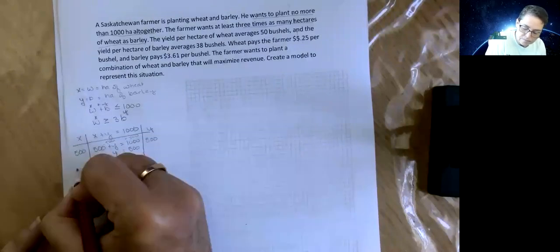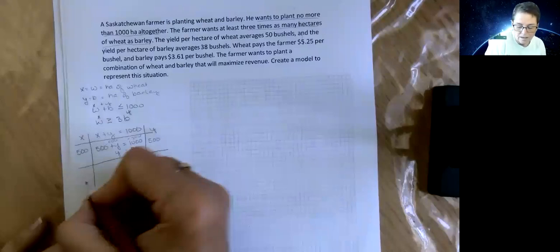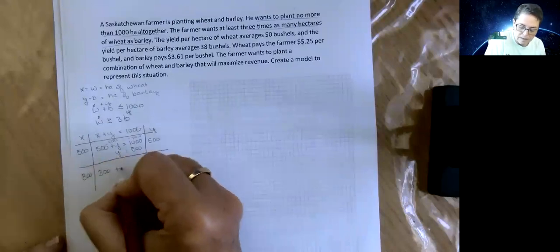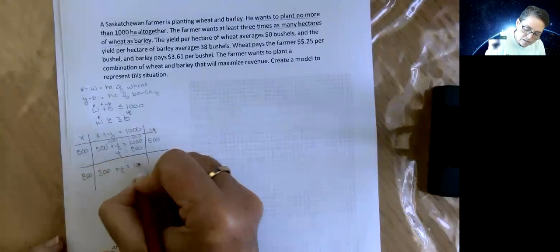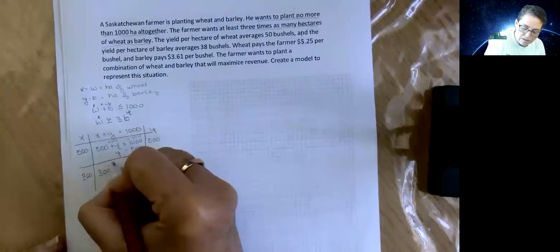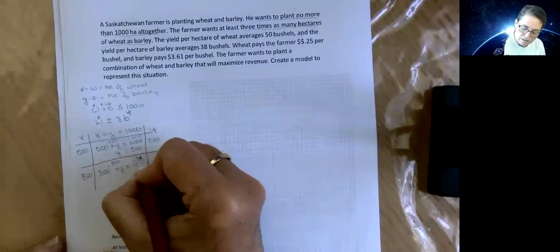So minus 500, minus 500. So Y is equal to 500. Let's go 300. So 300 plus Y is 1,000, minus 300 minus 300.